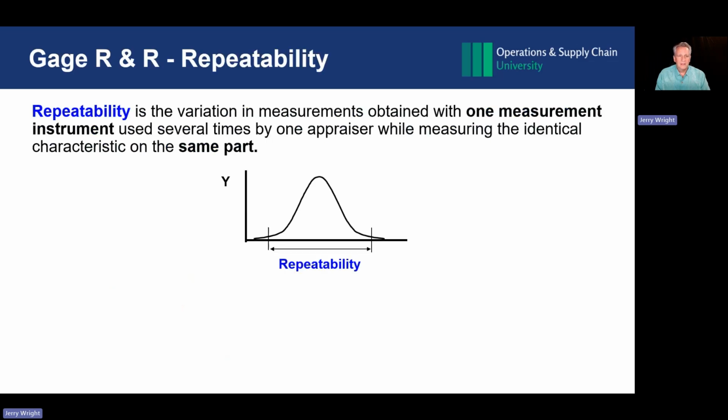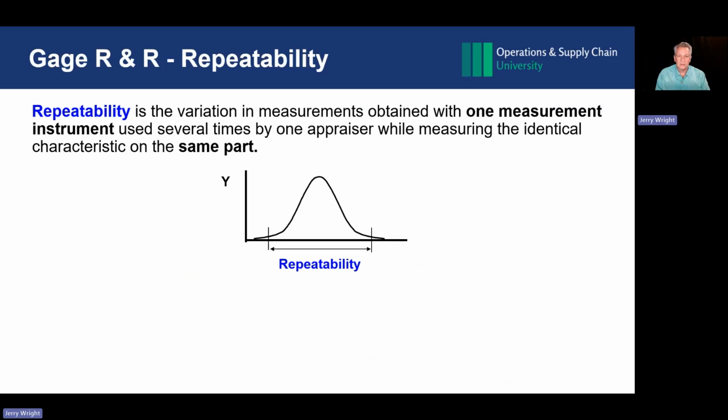system? So repeatability is the variation in measurements obtained with one measurement instrument used several times by one appraiser while measuring the identical characteristic on the same part. So how much measurement variability do I have? Do I get 49 every time I measure, or do I get 48, 49, 50?